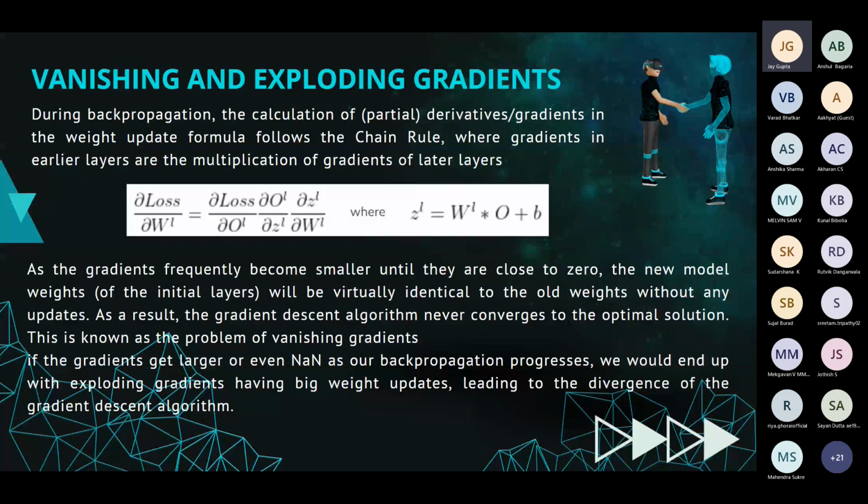But as the networks become deeper and deeper, the magnitude of the gradient becomes smaller and smaller and tends to zero. Due to the vanishing gradients, the new weights will be the same as the previous weights. There will be no change in the weights, which will halt the learning of the model.